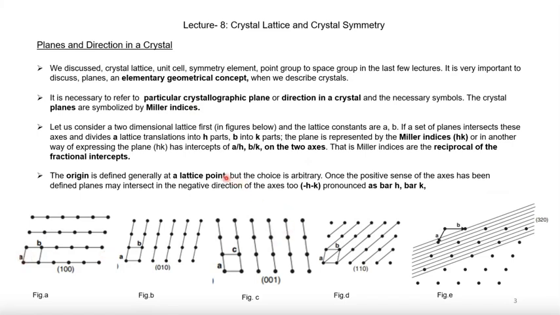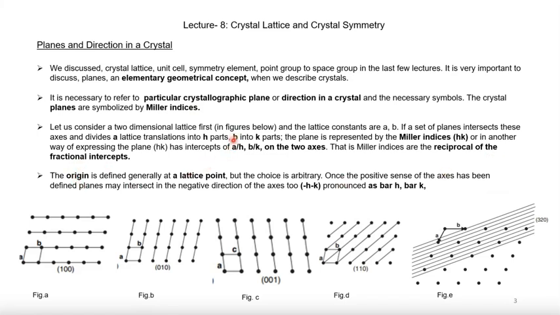Then we call it HK Miller, the two-dimensional Miller indices. In another way, we can express it as A by H and B by K on the two axes, the reciprocal of the fractional intercepts. So Miller indices in two dimensions are the reciprocal of the fractional intercepts.